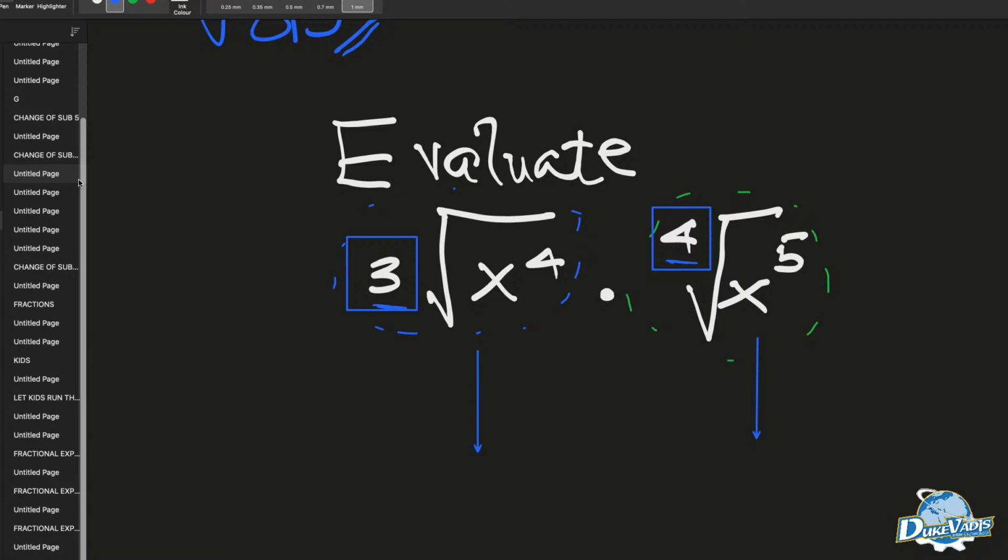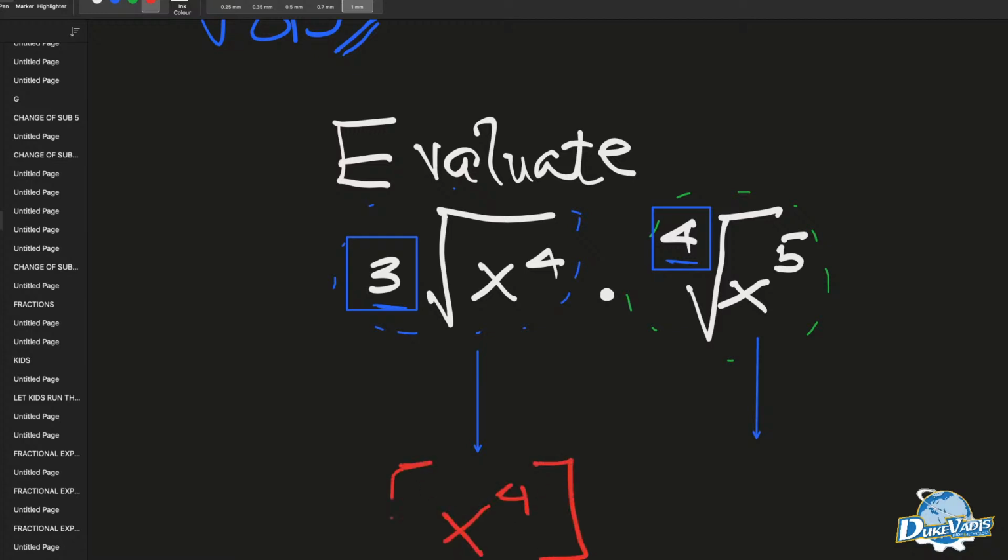Now, this whole thing can be written as x raised to the power 4, all raised to the power 1/3, multiplying the next one, which is x raised to the power 5, all raised to the power 1/4.